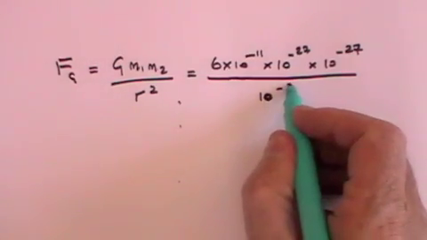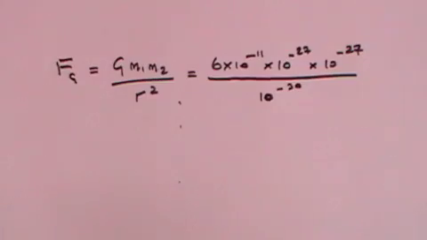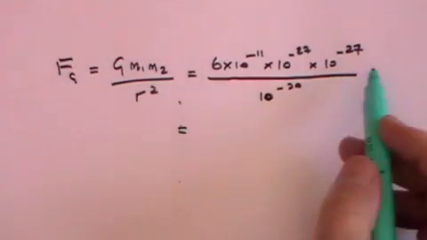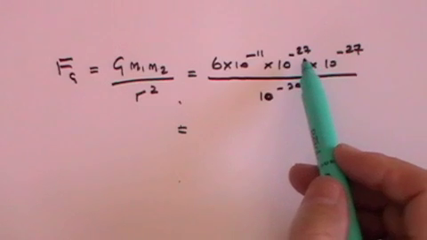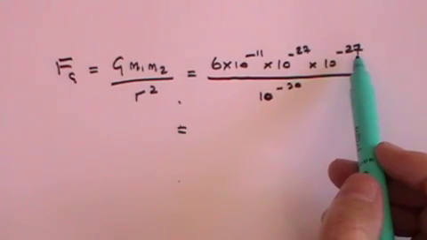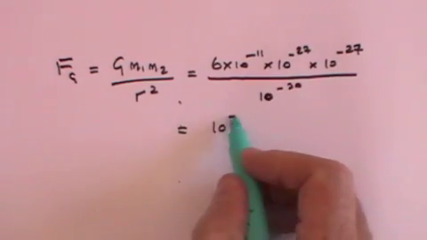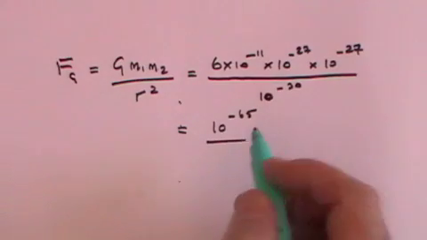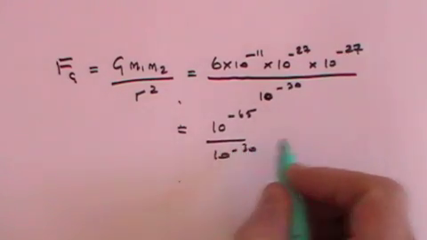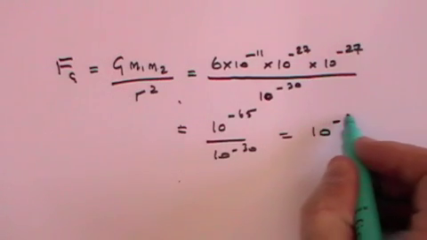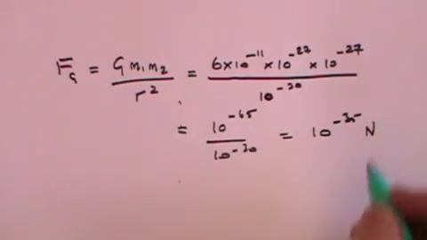Then r squared would be 10 to the minus 30. Ignore the numbers, let's just look at the order of magnitudes. You've got minus 27, that's minus 54, minus 11, that's 10 to the minus 65, divided by 10 to the minus 30, which is 10 to the minus 35 newtons.